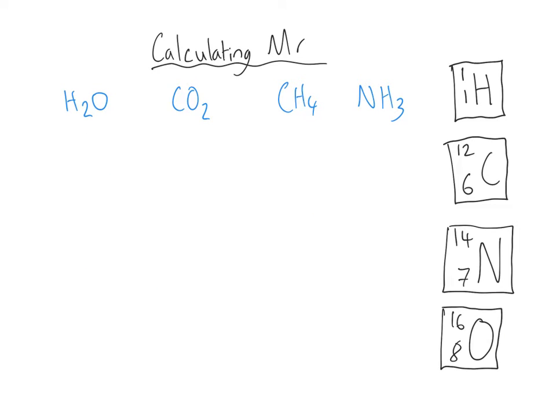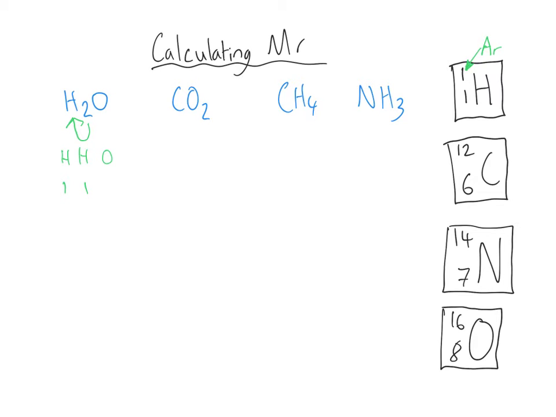What does that mean? Well, we've got some formulae here, and we've got water, and if you remember what these formulae mean, that little 2 just belongs to the hydrogen, so we've got 2 atoms of hydrogen, and we've got 1 atom of oxygen. If we look over on the right-hand side here, we can see the relative atomic mass of hydrogen, 1, and there's 2 of them.